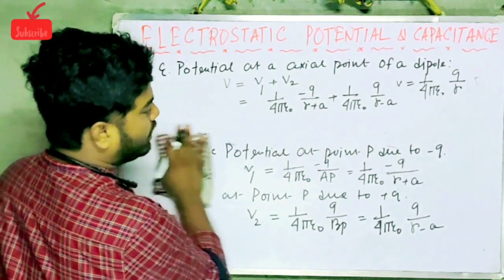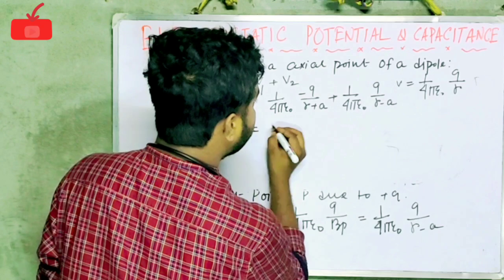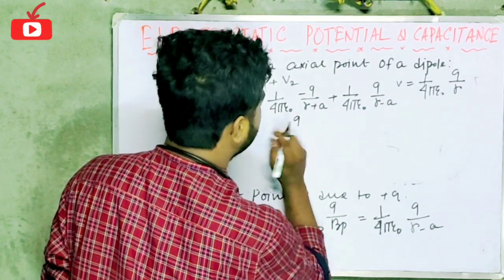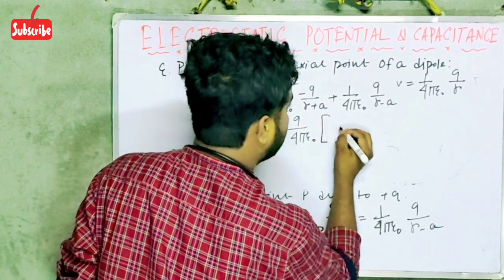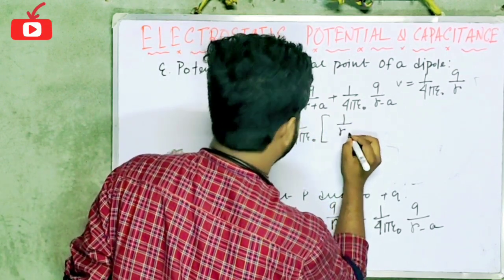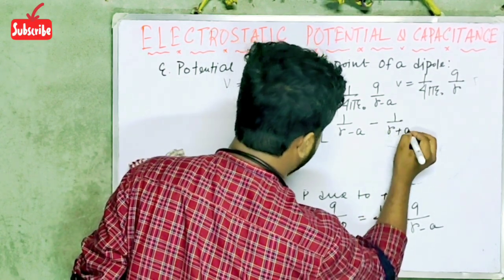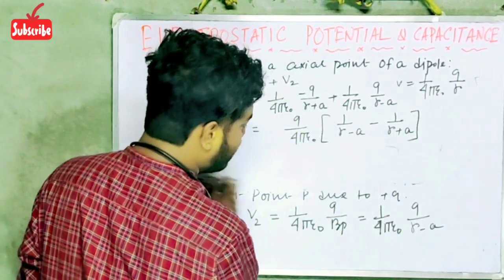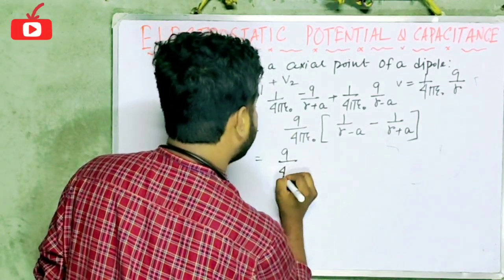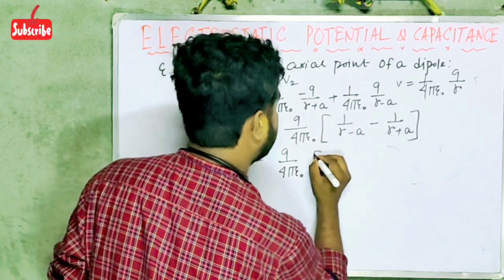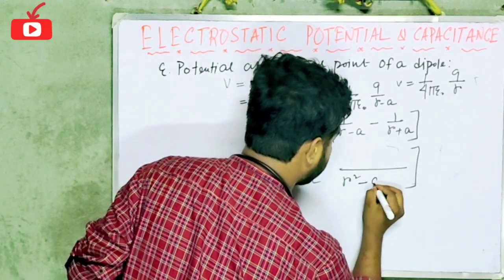Then simplify it. Here the common factor will be q by 4 pi epsilon naught, and there is 1 by r minus a minus 1 by r plus a. Now simplify: q by 4 pi epsilon naught, the LCM will be r square minus a square.